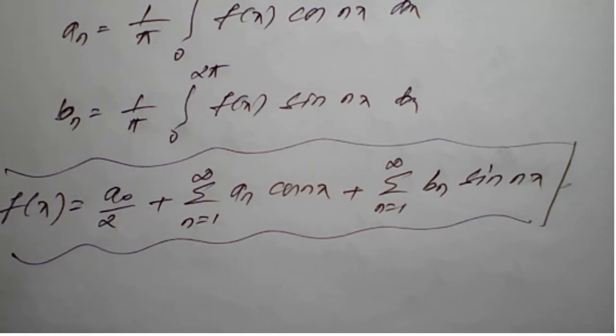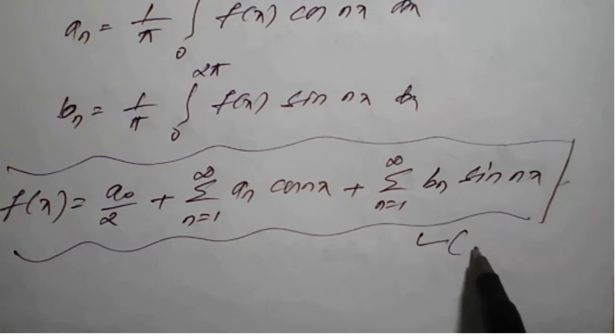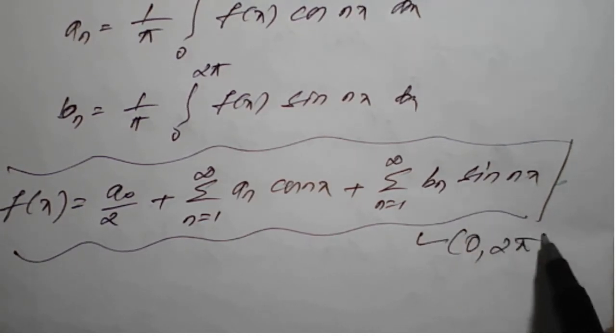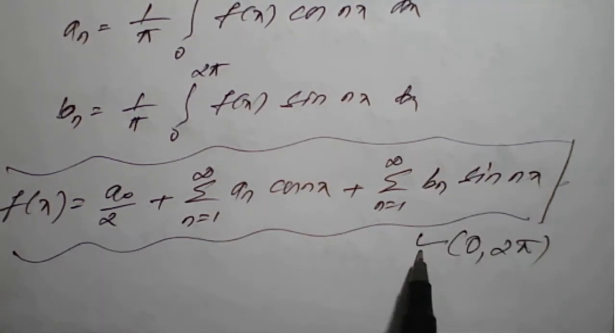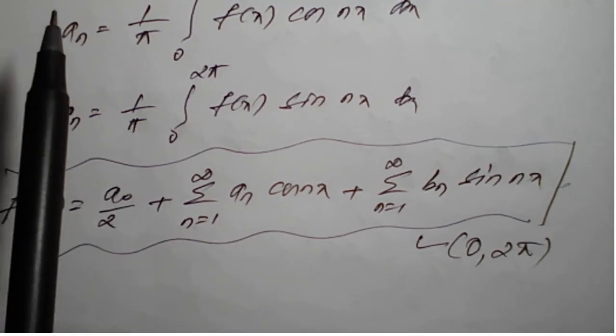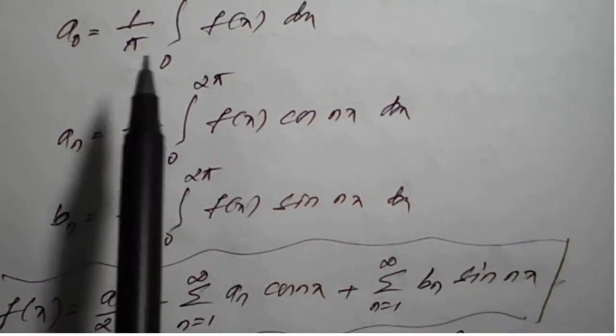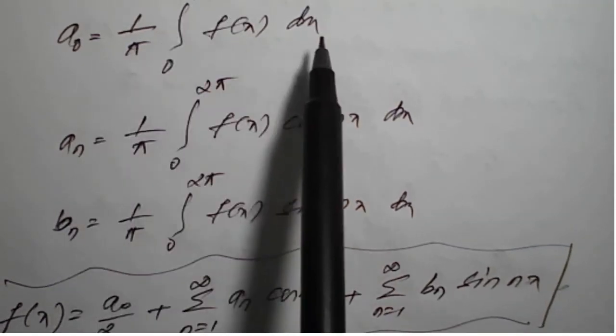So if the given function f of x is over the interval 0 to 2 pi, this expression is what we write. Here the a naught value is 1 upon pi integration 0 to 2 pi f of x dx.